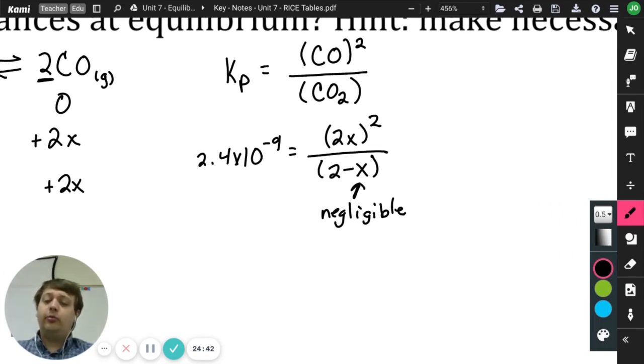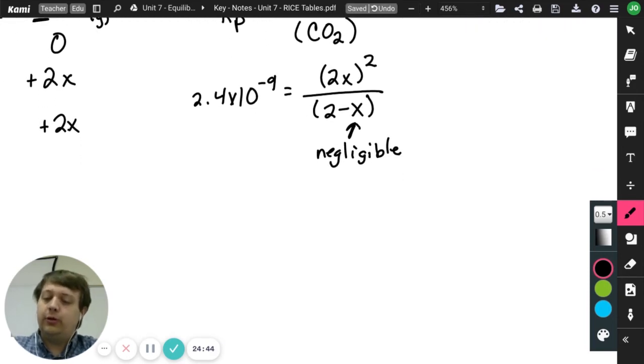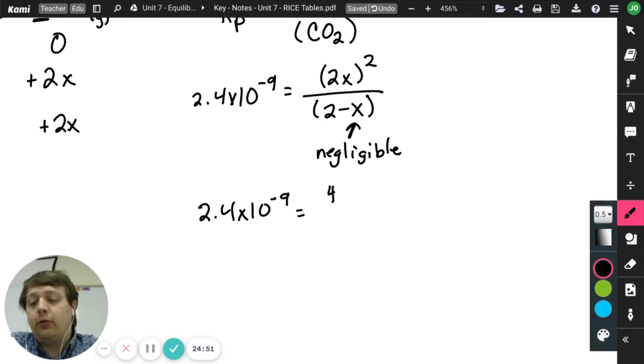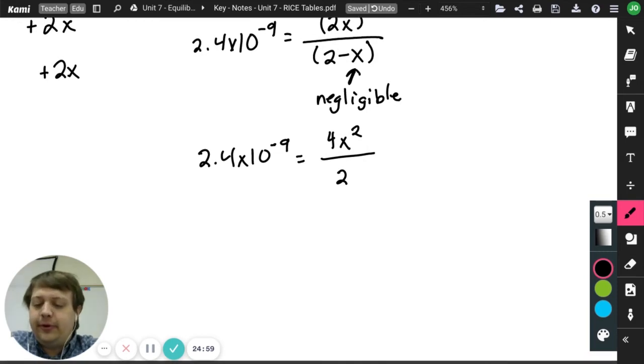And since we assume that's negligible, if I were to rewrite that out, I would get 2.4 times 10 to the negative 9 equals 4x squared divided by 2. All right? So now I can go ahead and keep solving. 2.4 times 10 to the negative 9 equals 2x squared.